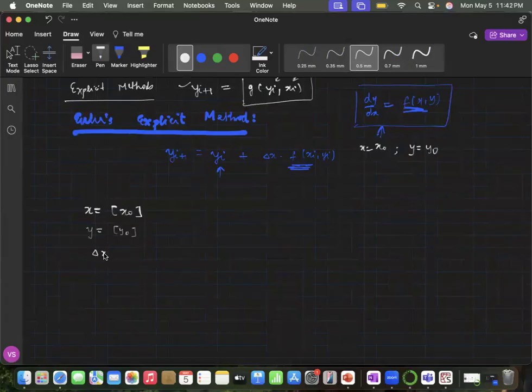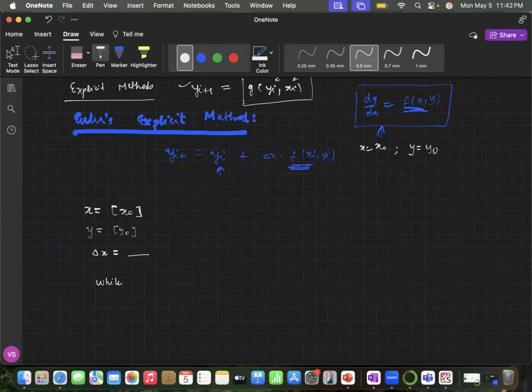We'll also define the step delta X, which could be anything, right? And once that is done, with the Euler's explicit method, or in general with ODE solving, I generally use the while loop because I like to specify the final point till which we need the solution.